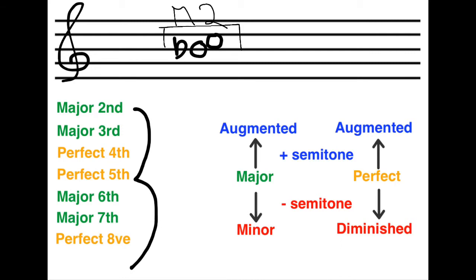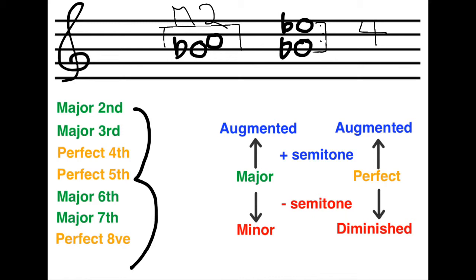Try one more, I think, and then we'll move on to more complicated intervals. What about B flat to E flat? So we've got to ask now, what is the distance between B and E? Well, B is 1, C would be 2, D would be 3, and E is 4. So we know it's a fourth of some description.